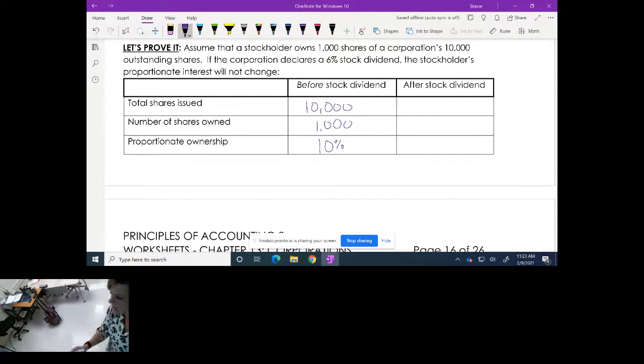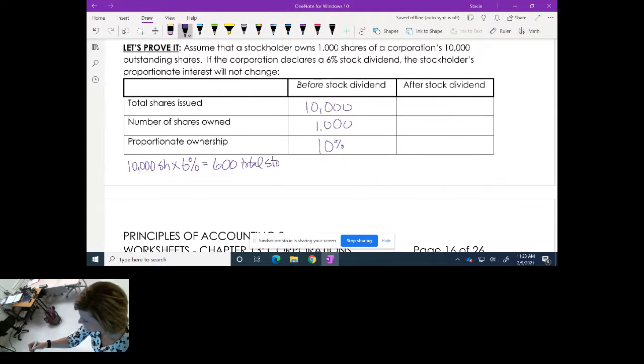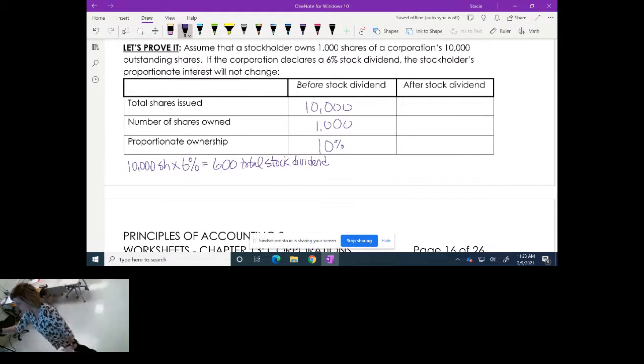So let's see. There's a 6% stock dividend. So 10,000 shares times 6% equals how many total shares? 600. 600 total stock dividend. So after the stock dividend, you'll have 10,600 total.